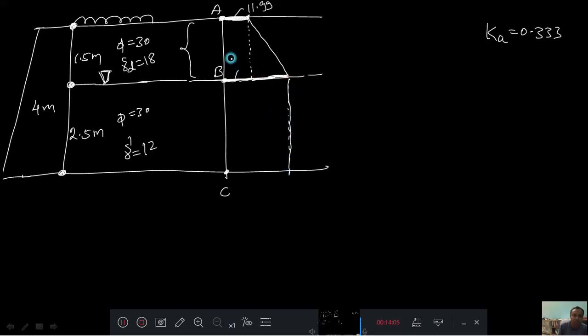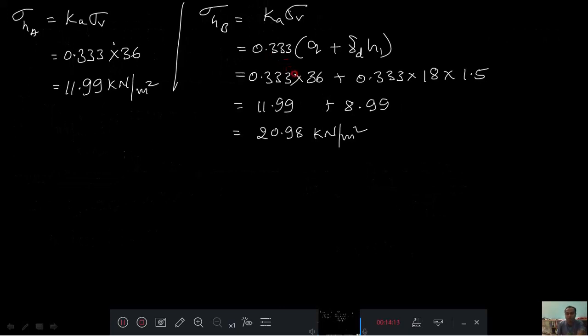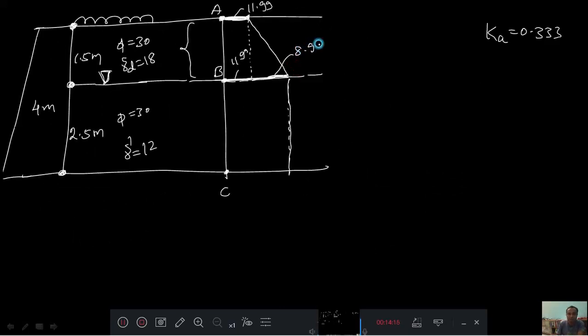This much is 11.99, and what I just calculated is 8.99, and the total I got here is 20.98. Then this rectangle is because of the top soil, its effect in the bottom.